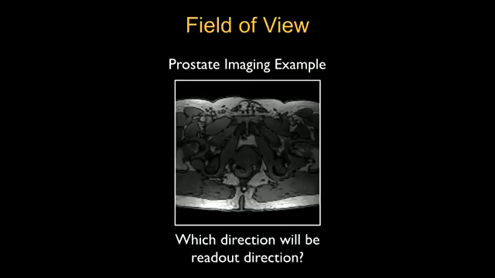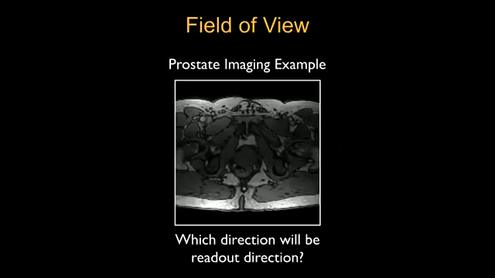Okay, so what that means is that field of view y and field of view x are somewhat different. Field of view x is easy to control because we have the option of using a low pass filter. Field of view y is different, because if you want to increase it, either you have to lose the resolution or increase the scan time, right? Always, the object is not square.